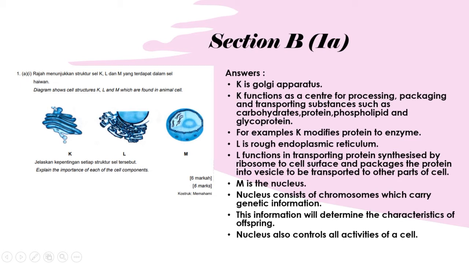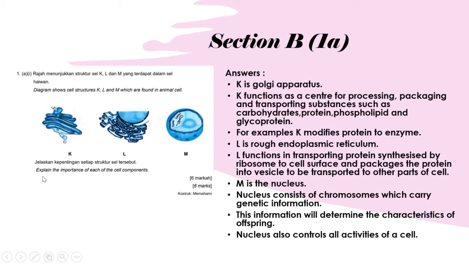Because there is a ribosome attached to it. There are a lot of ribosomes attached to the rough endoplasmic reticulum. M is referred to the nucleus. Why nucleus? Because we can see here there are chromosomes inside the nucleus.